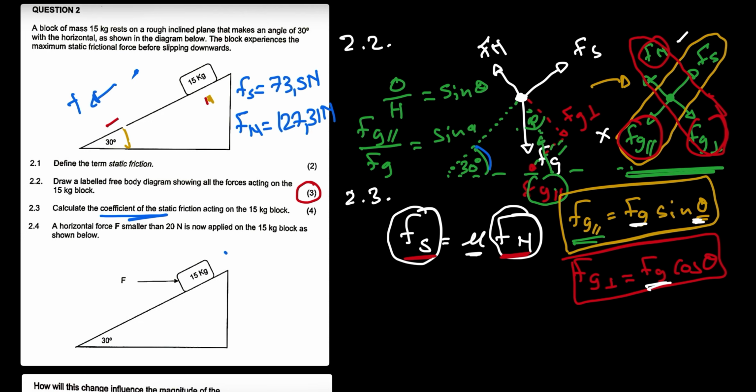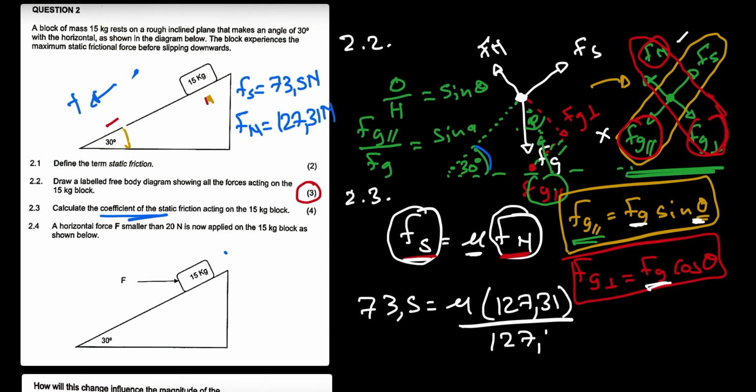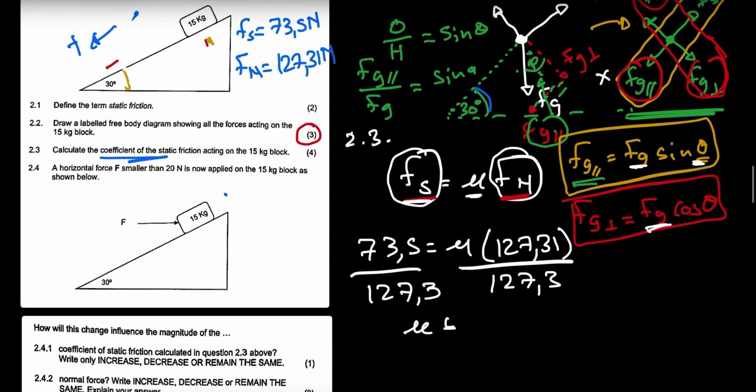What we will do now is substitute the magnitude of the static friction, which is 73.5, equal to the coefficient of friction multiplied by the normal force, which is 127.31. Now if we divide both sides by 127.31, we get the coefficient of friction.